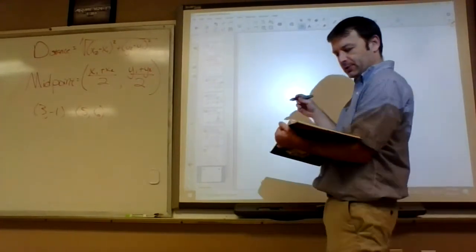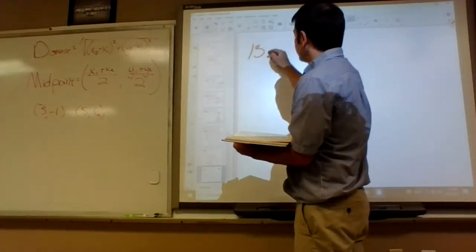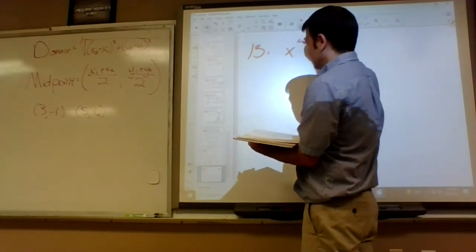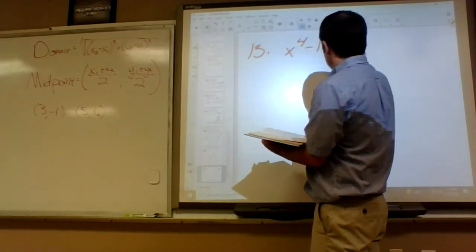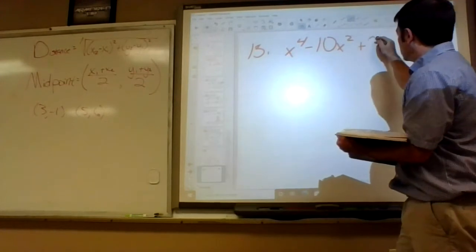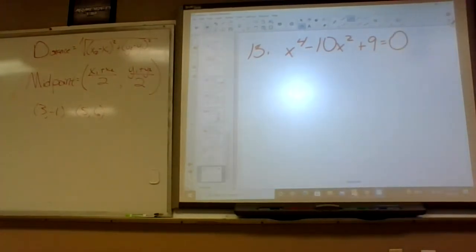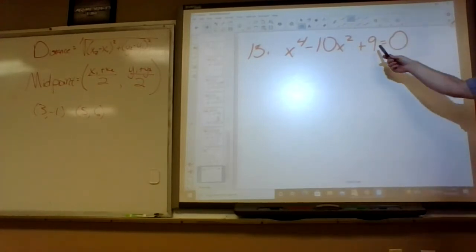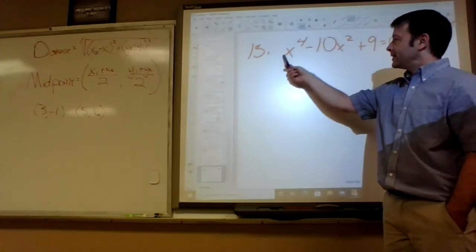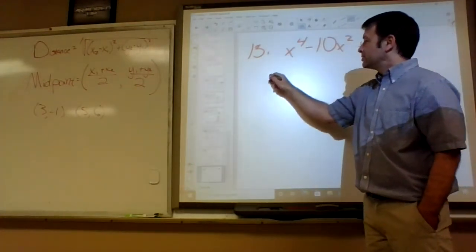x to the 4th minus 10x squared plus 9. This is 15. Okay, so my possible rational roots are factors of 9 over factors of 1. So I'm going to make a list.